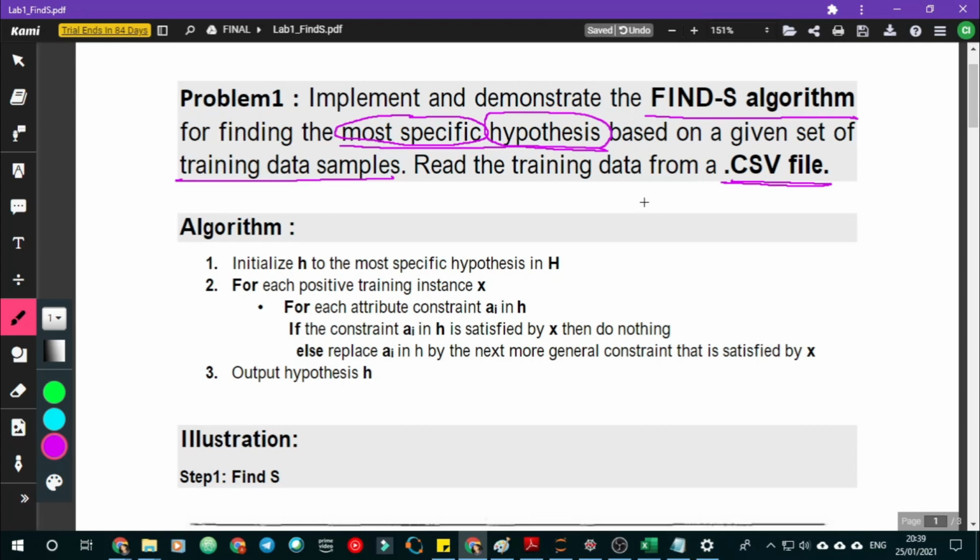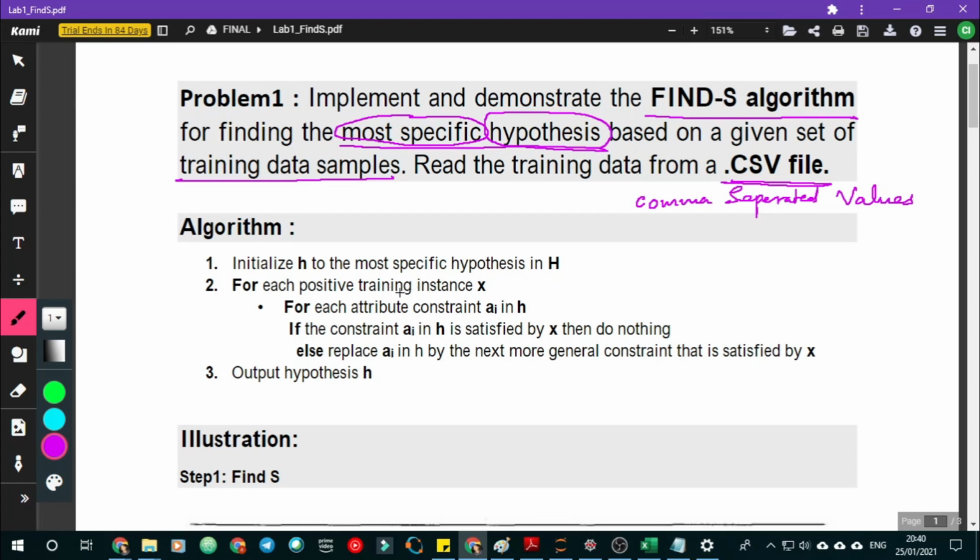CSV stands for comma separated values. When you store values separated by commas in a file, and you rename the file with the extension .csv, then that file becomes a CSV file. Simple. I'll explain how we deal with a CSV file and how we access everything.